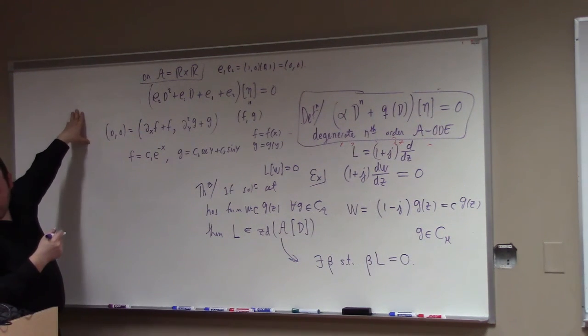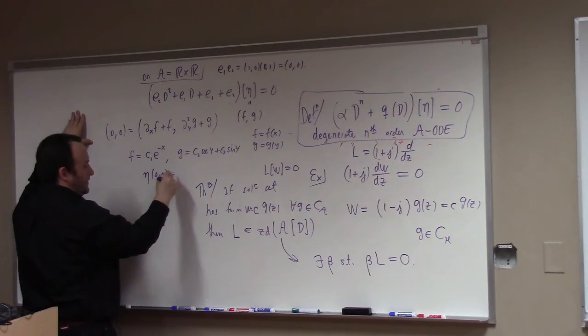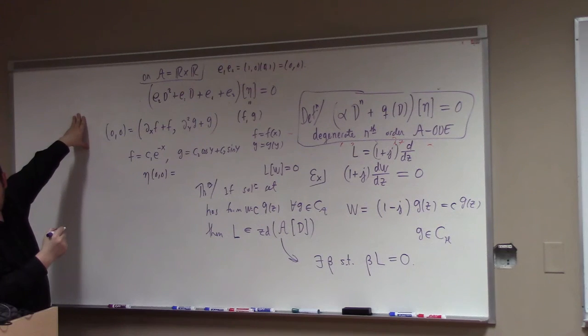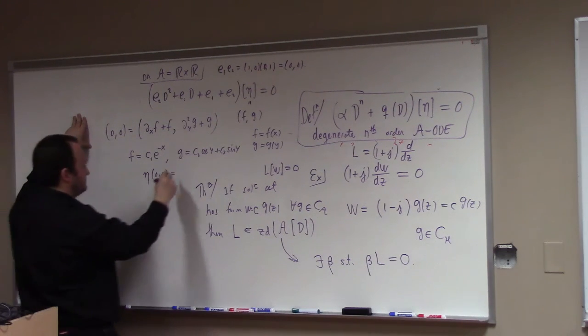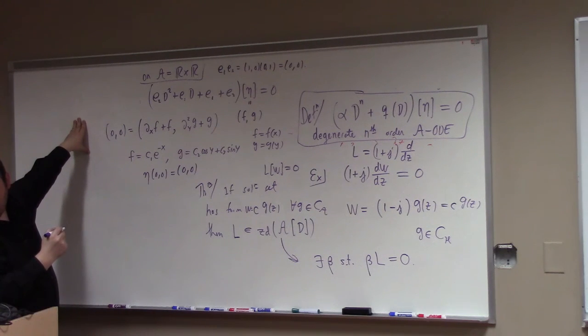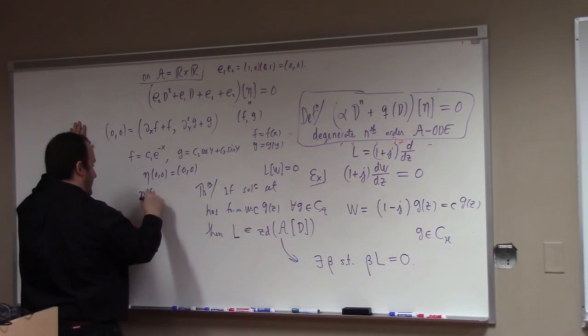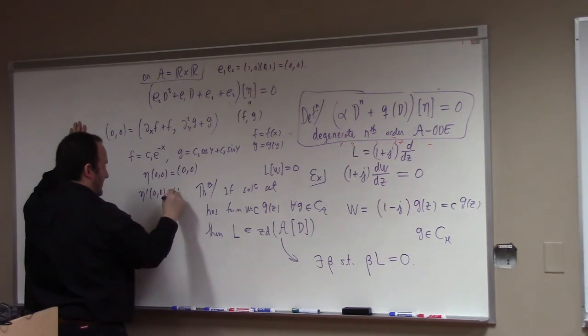And so suppose you want the initial condition eta of 0, 0 to be 0, 0, and eta prime of 0, 0 to be 1, 1. That was a typo earlier.